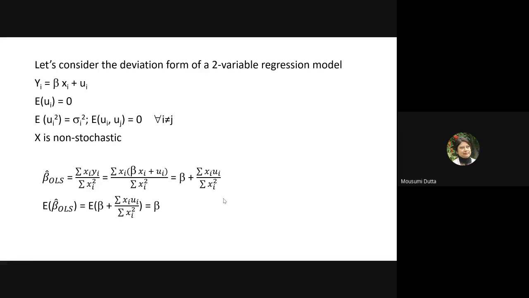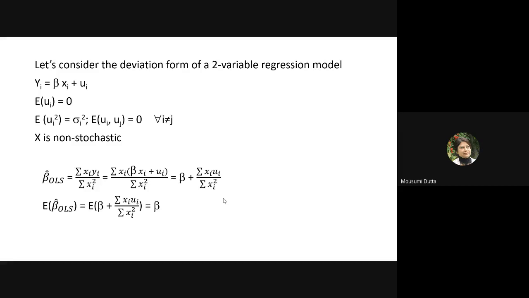Now for the estimation purpose and discussing the properties of the estimator, I do not need an assumption about the distribution of the error term. Therefore, I didn't write anything about the distributional aspect, that is, ui is normally distributed, etc.